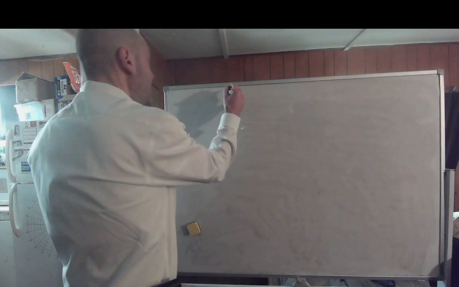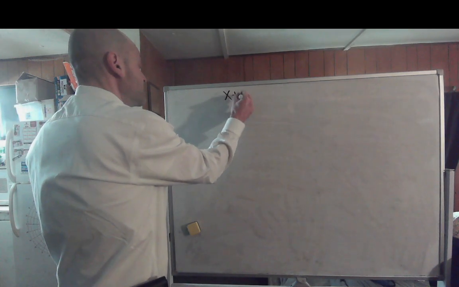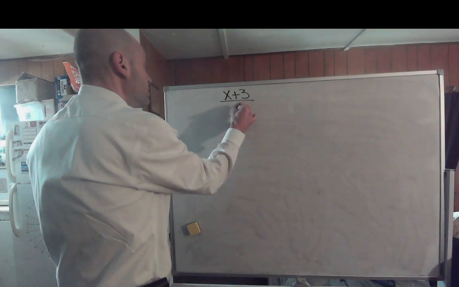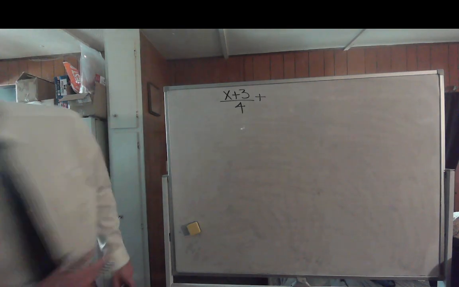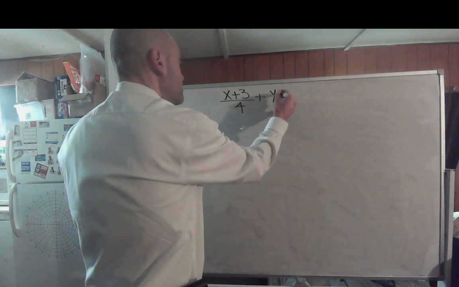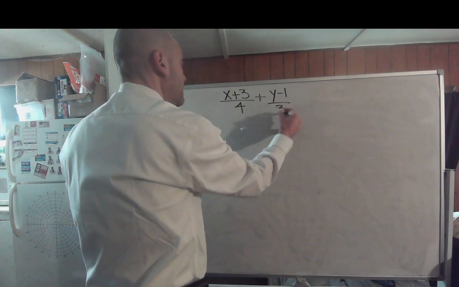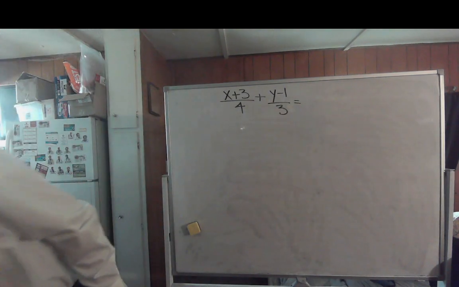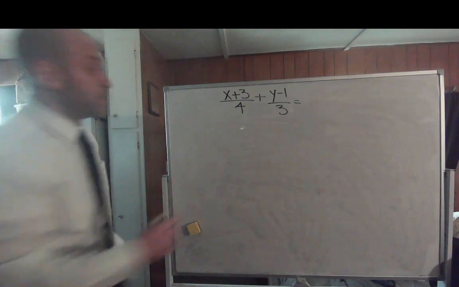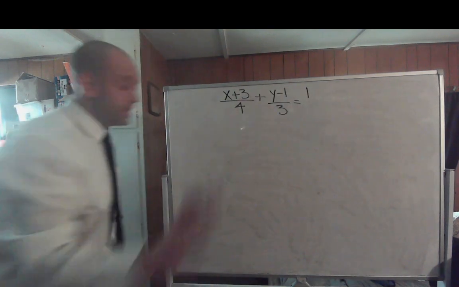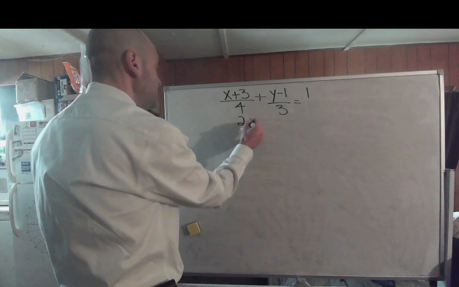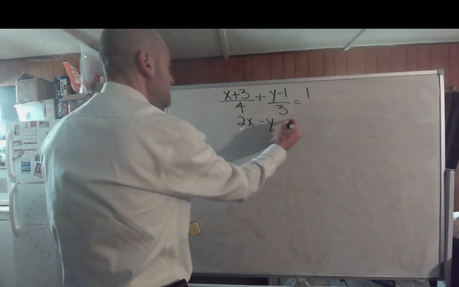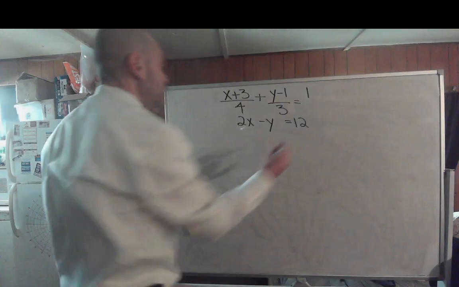So, what if I had something like this? (x plus 3) over 4 plus (y minus 1) over 3 is equal to 1, and then I have 2x minus y equals 12.